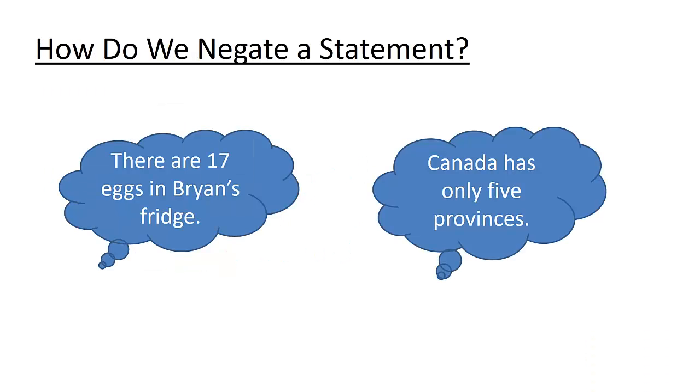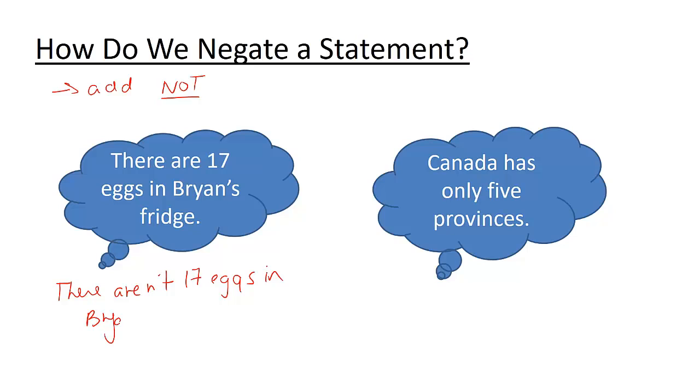The last thing we may want to do with a statement is to negate it, or change its truth value. The simplest way to do this is to add the word not somewhere into the statement. So, for example, if we look at the statement, there are 17 eggs in Brian's fridge, the easiest way to negate this statement is to change it to, there are not 17 eggs in Brian's fridge.